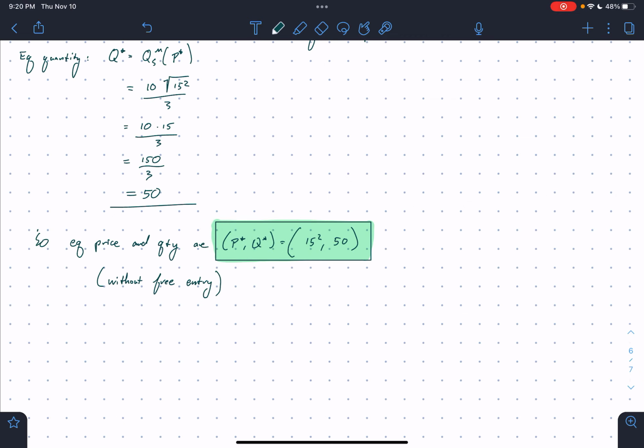This was with 10 firms. So of course we're going to get something different than if there was free entry, and if firms were able to enter until they got zero profits.